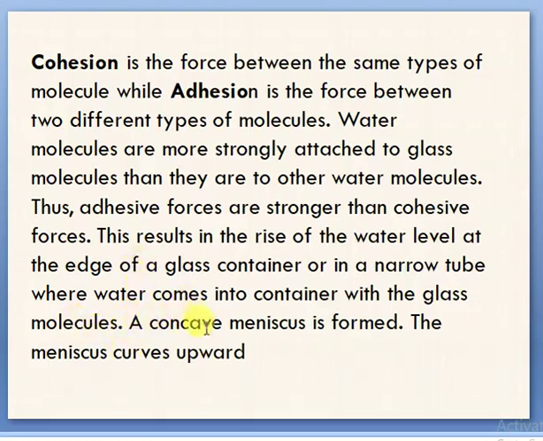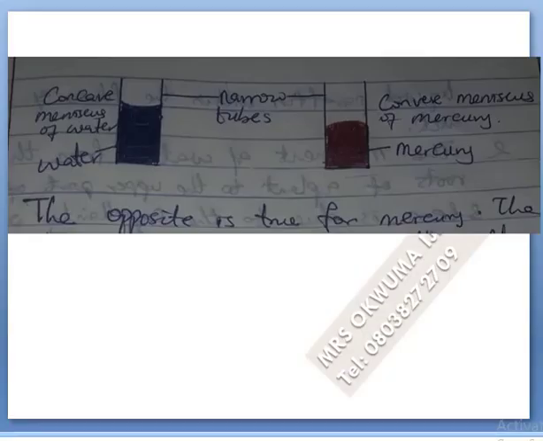Now, we say that a concave meniscus is formed and the meniscus curves upward. As I've shown you in the diagram, because of the rise in the level of water as a result of the stronger force of adhesion, water forms a concave meniscus. Look at the diagram, concave.